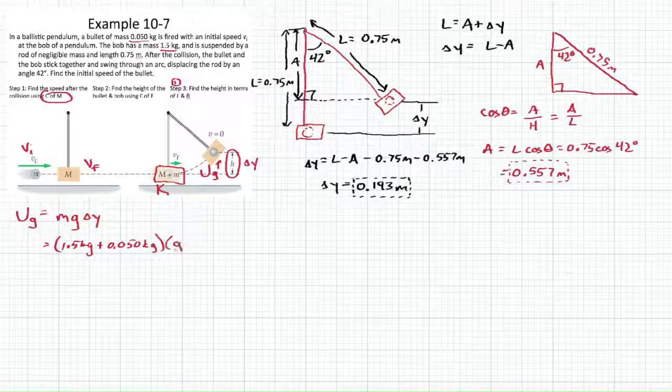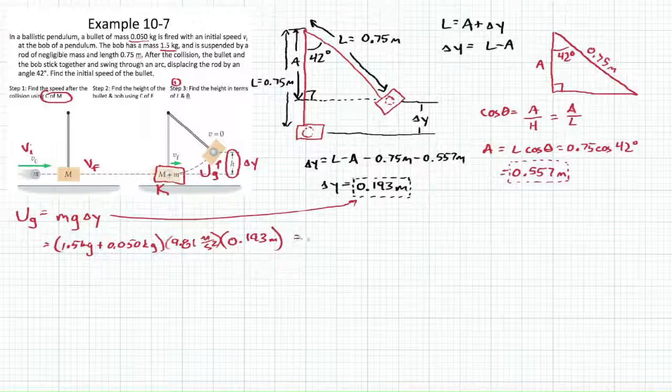What is the value of gravity? 9.81, right? 9.81 meters per second squared times our newly found delta y, which is that right there, 0.193 meters. That'll give us our potential energy gained going upwards.